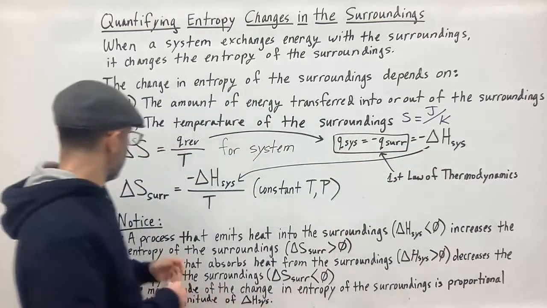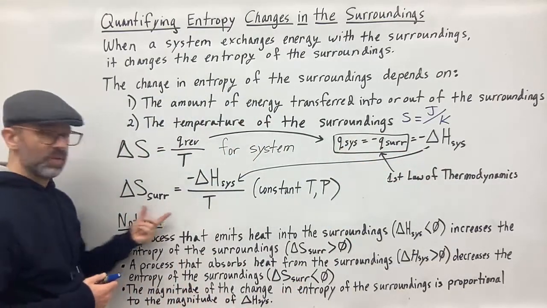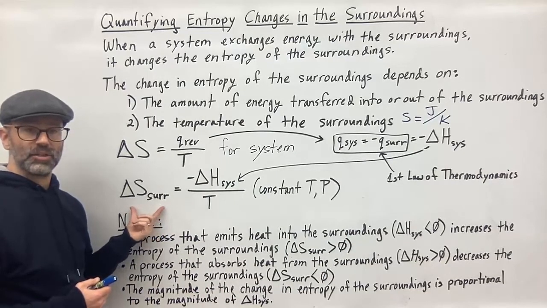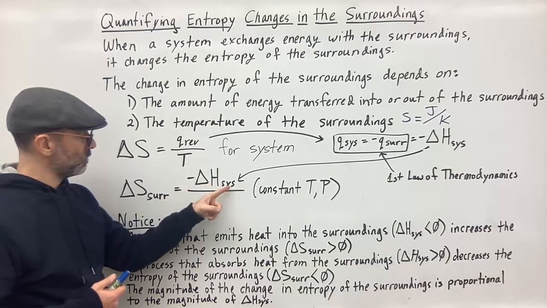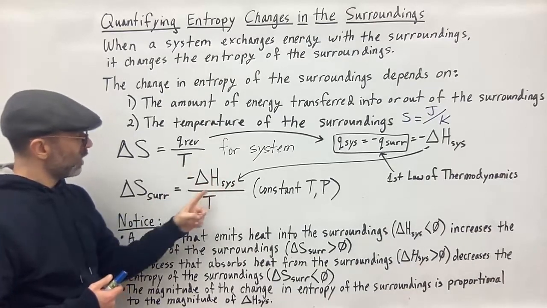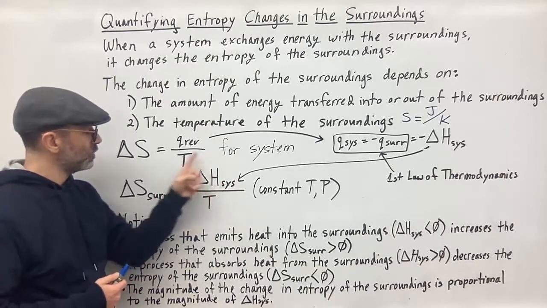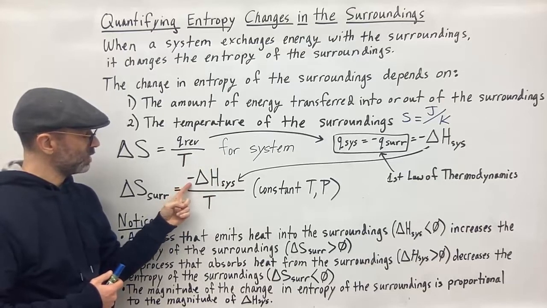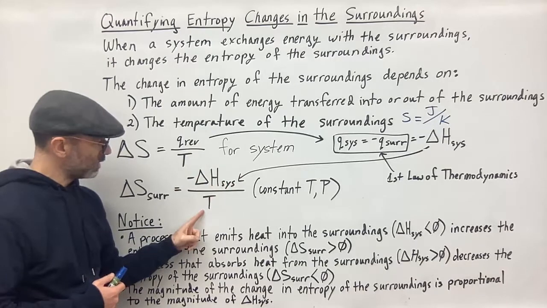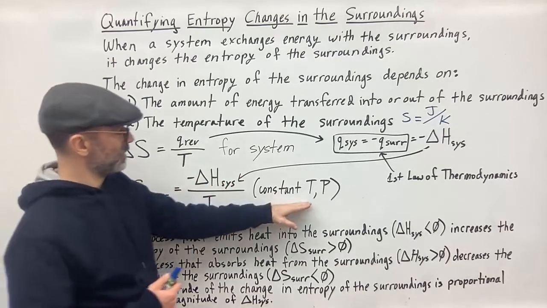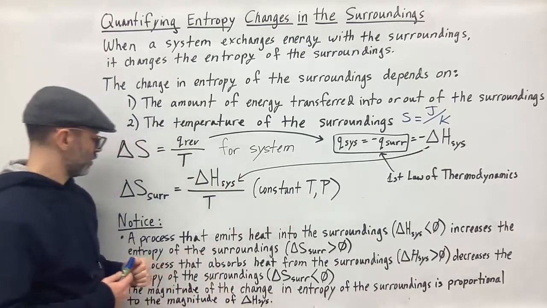So here we have our equation for the change in entropy of the surroundings. That's going to be negative delta H of the system. Again, the heat of the surroundings is the opposite of the system. So we have negative delta H of the system divided by temperature, and again, this is at constant temperature and pressure.